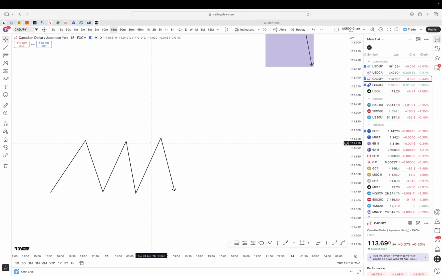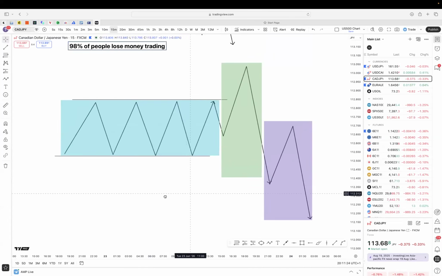And one big thing I've always said is trade when it's blindly obvious. Only trade when the direction that you want to go in has never been so obvious in your life. So when it's moving sideways, it's not always clear.